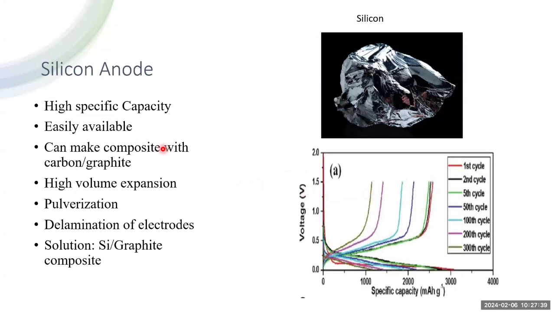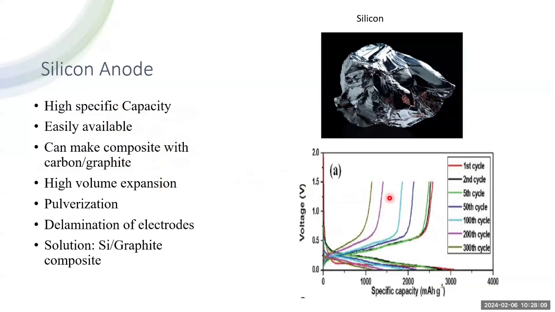Now, if we talk about the silicon anode only, this is the good side of the silicon anode. High specific capacity, as you already know, and easily available because you have sand, and when you have sand, you have silicon. It can also make composite with carbon graphite, as just mentioned.